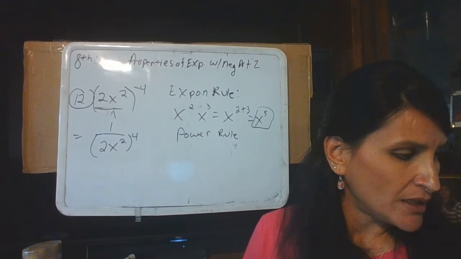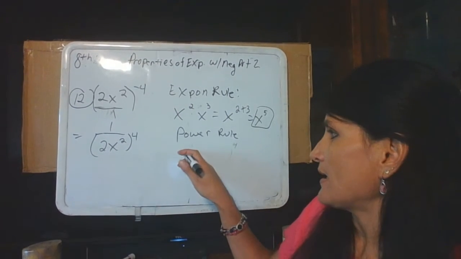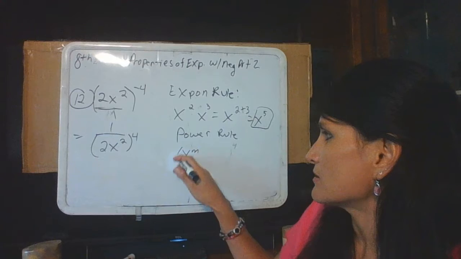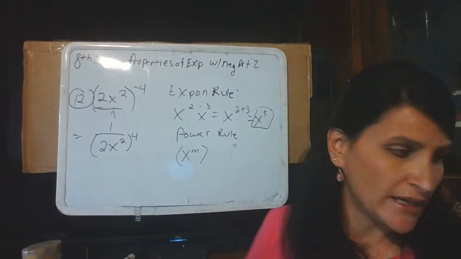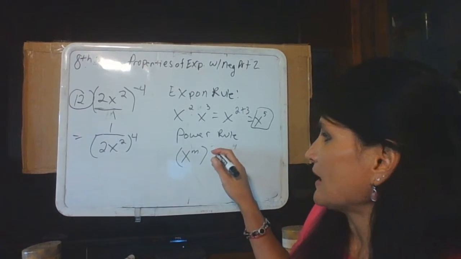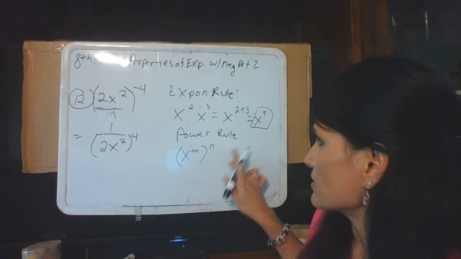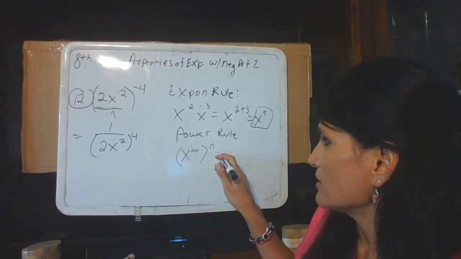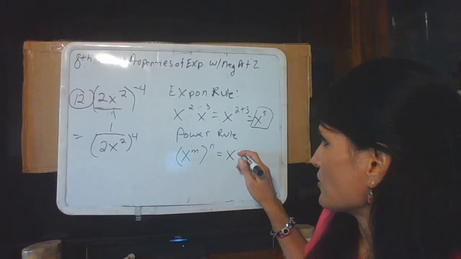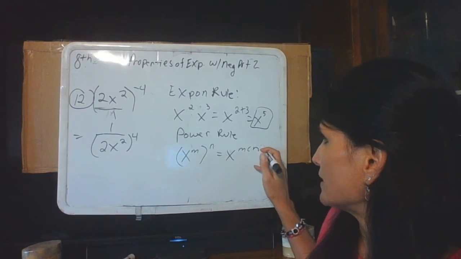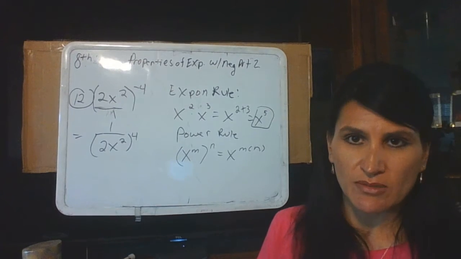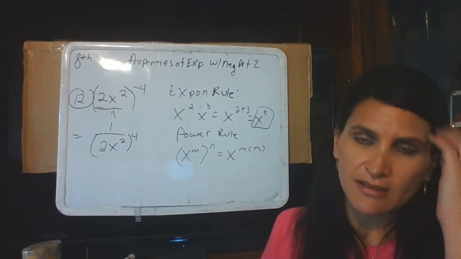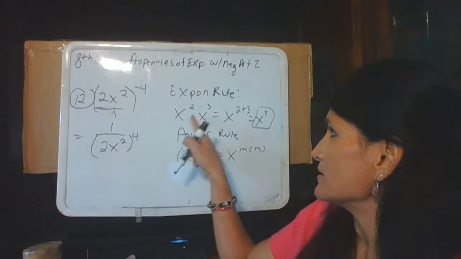If it gives you the example x to the m, so any number x raised to the m power, and then that is raised to the n power, we're seeing that x to the m to the n power, it tells you you have to multiply the exponents. You're not going to just simply add them like you would in this case.